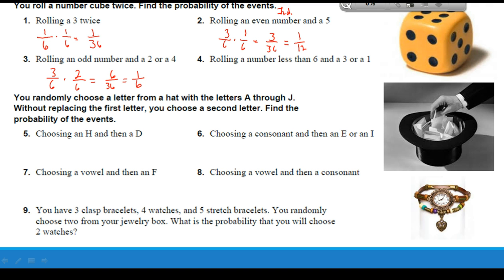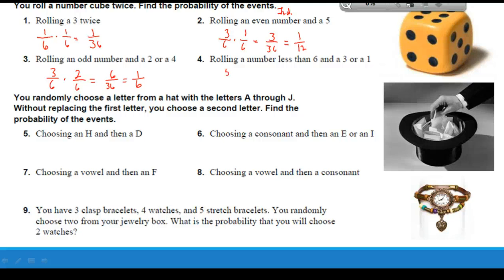Okay, number 4, rolling a number less than 6 and a 3 or a 1. So a number less than 6. And then a 3 or a 1. So less than 6 would be 5 choices: 1, 2, 3, 4, or 5.